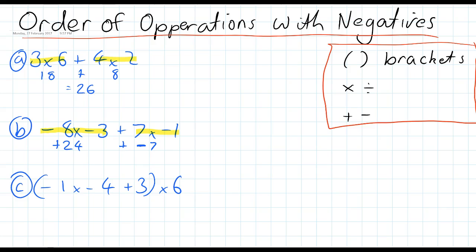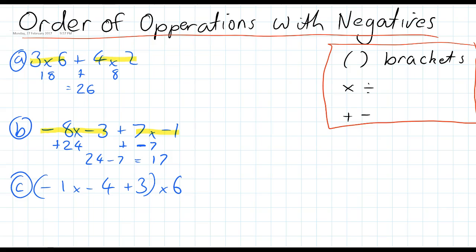A positive and a negative together make a negative. So 24 take away 7, 24 minus 7 equals 17. And that's my final answer.